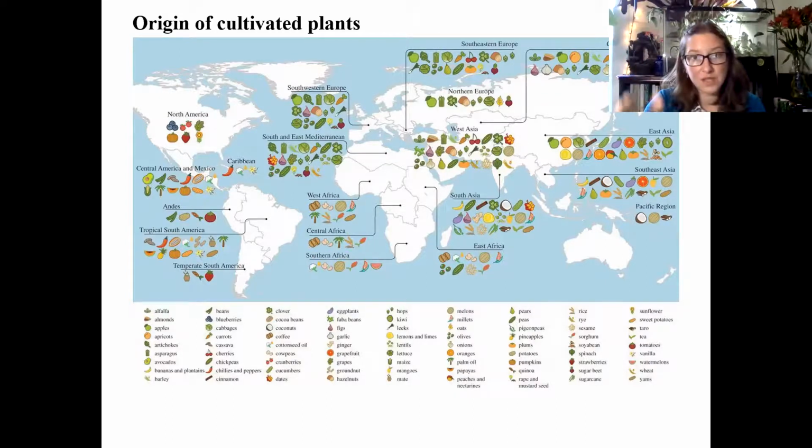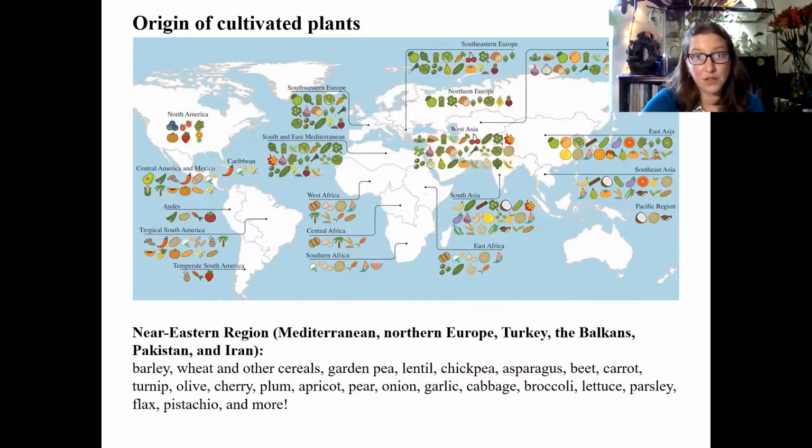But check out this map. I don't have time to go through every single thing on it, but look at all of the different cultivated plants that we still get to consume today. Just to highlight a few things: if we look in that Near Eastern region, which is the Mediterranean and Northern Europe, Turkey, the Balkans, Pakistan, and Iran, you're looking at lots of different grasses, so barley, wheat, and other cereals, different beans, like chickpea, lentil, garden pea, different roots.